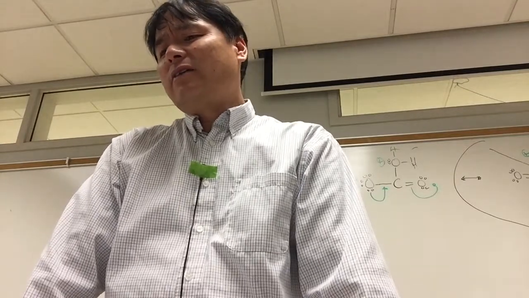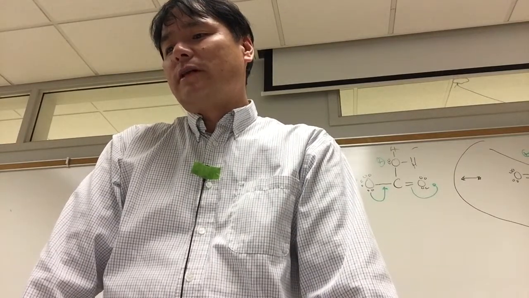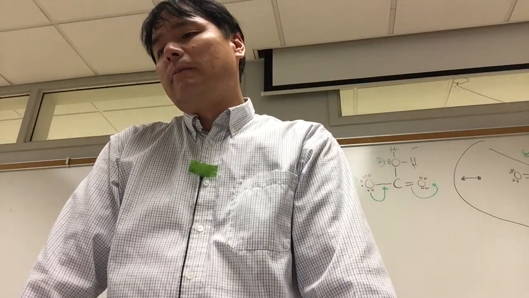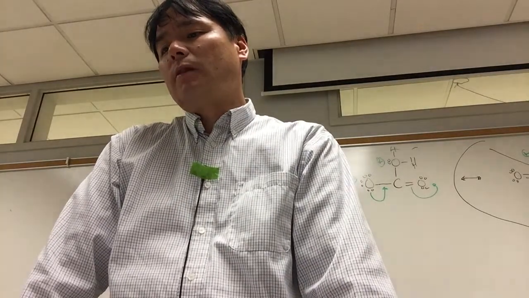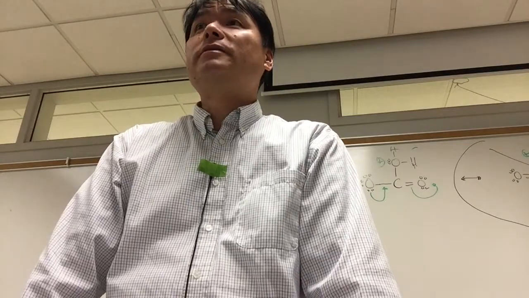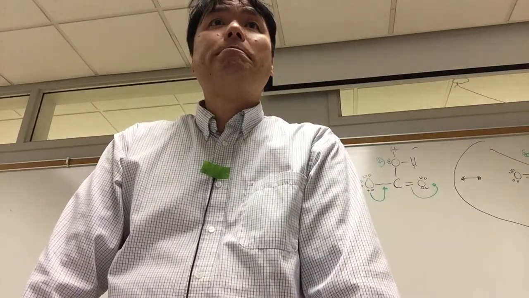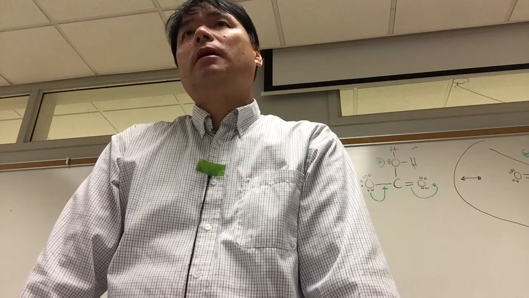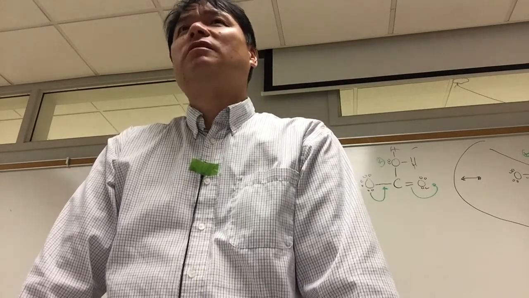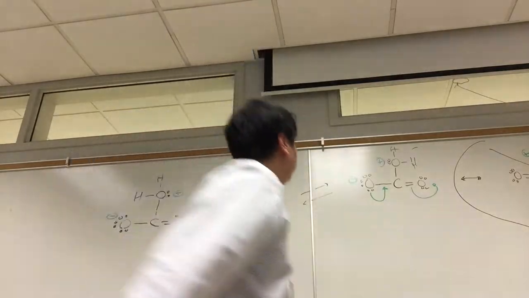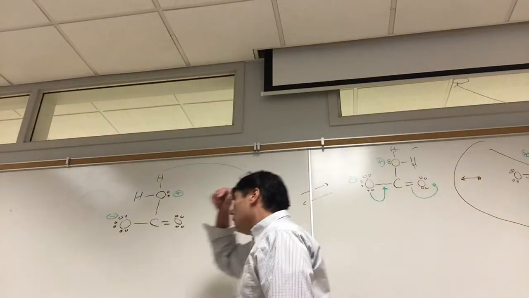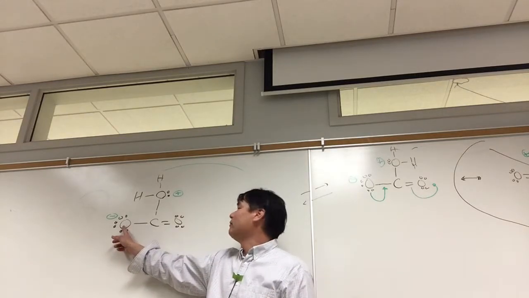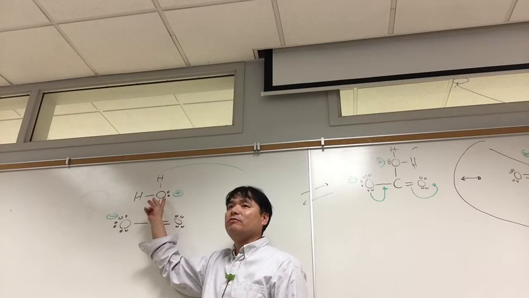So I don't expect people to memorize electronegativities, but when you use them a lot, then they come up in your memory. But you should know the range of electronegativities, that kind of thing. That's the memorization that's useful. Now, let me ask you this. This oxygen has electronegativity 3.5, and this oxygen has electronegativity 3.5. True or false?